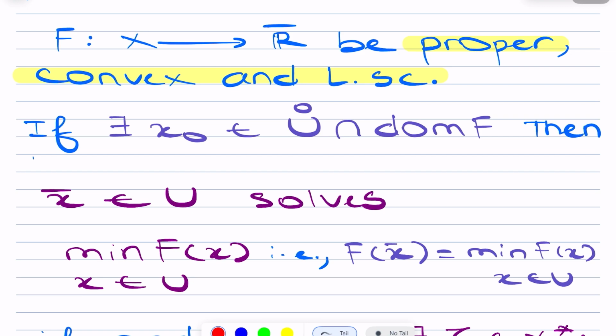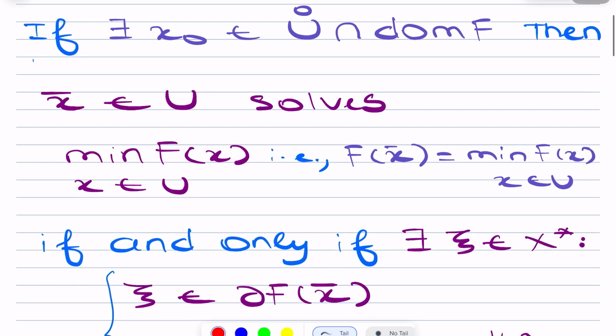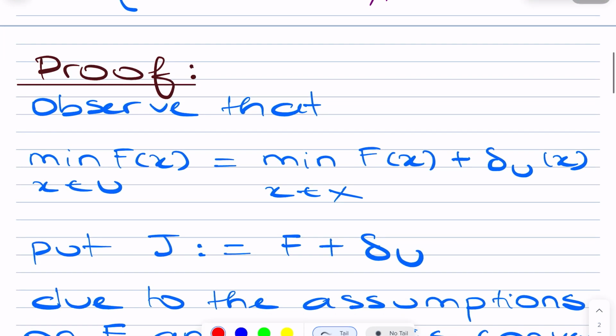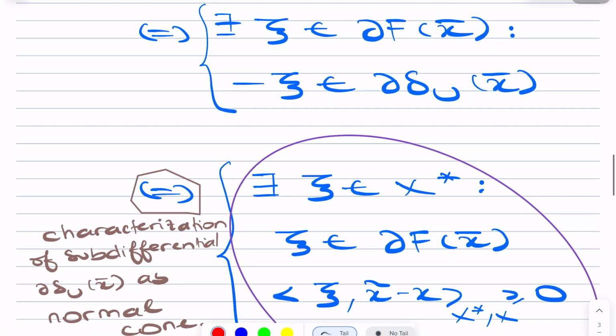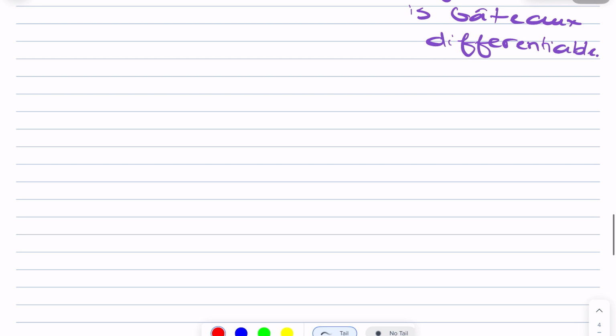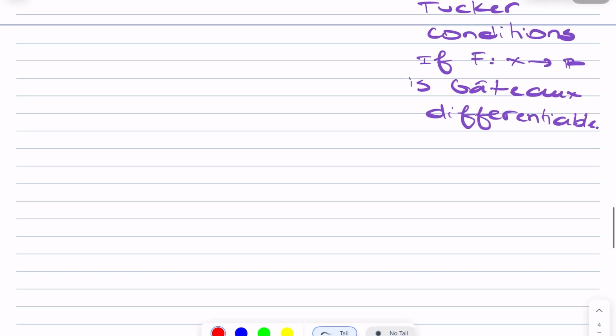So you see that things are consistent with what we know from nonlinear optimization. This is basically all I wanted to share with you today.